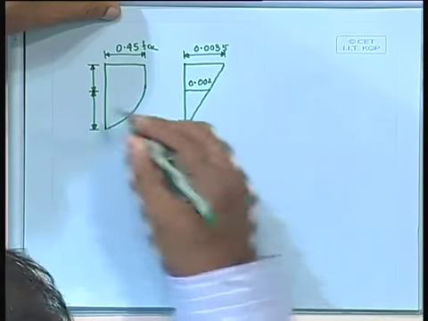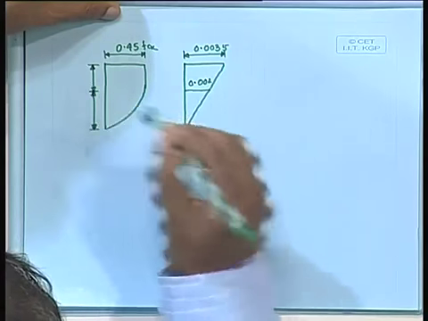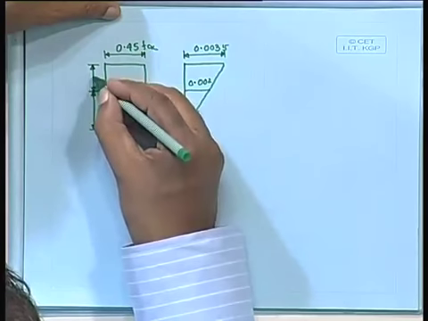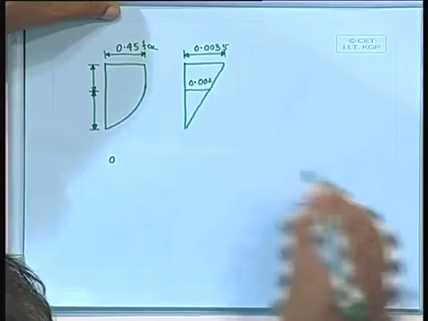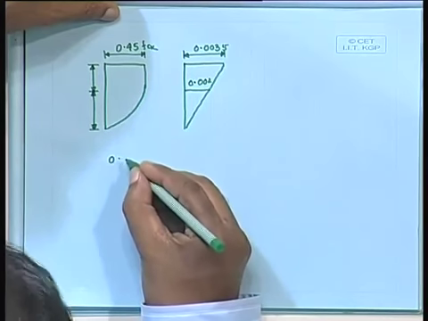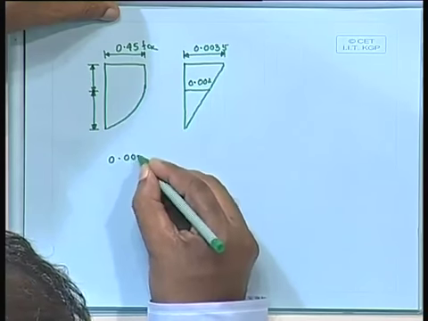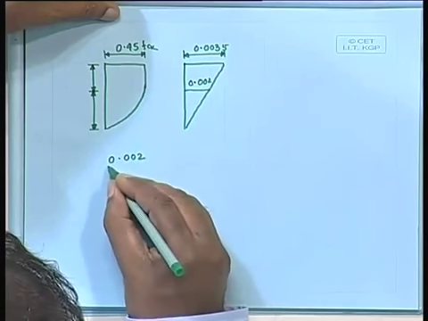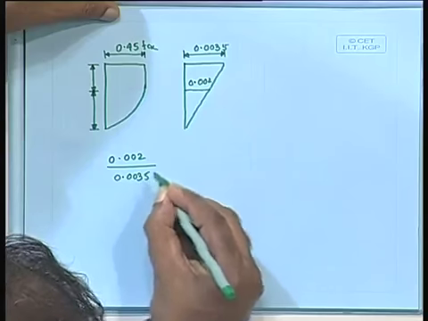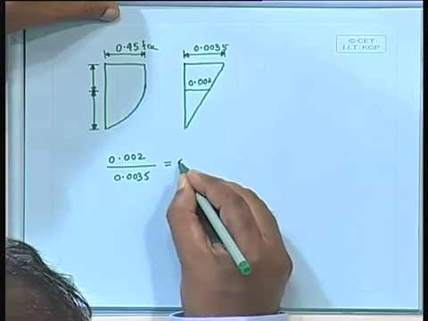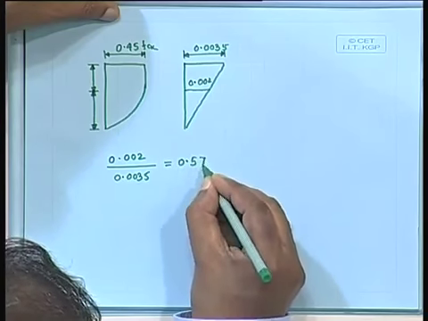So what about this value? This one will be equal to 0.002 by 0.0035, which will be 0.57.